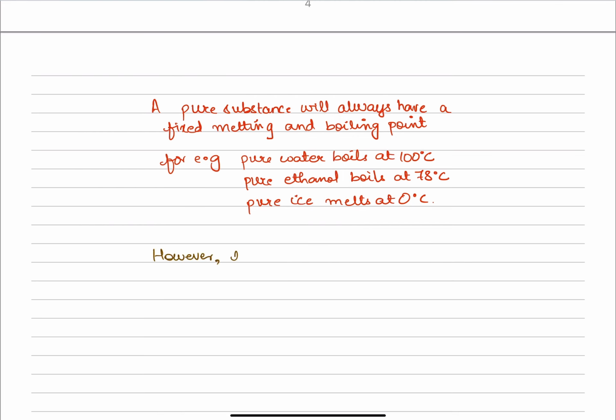However, the problem arises when there are impurities in a liquid or a solid.